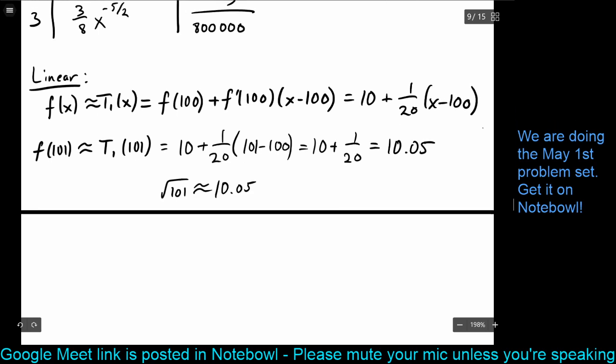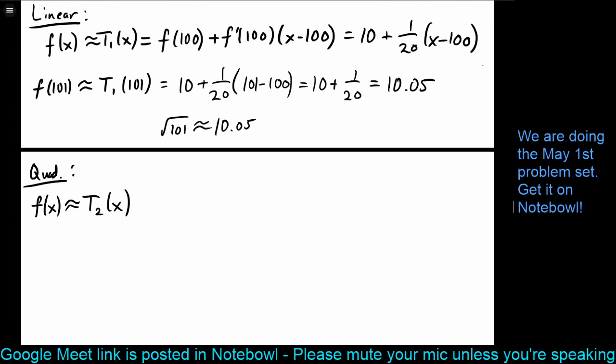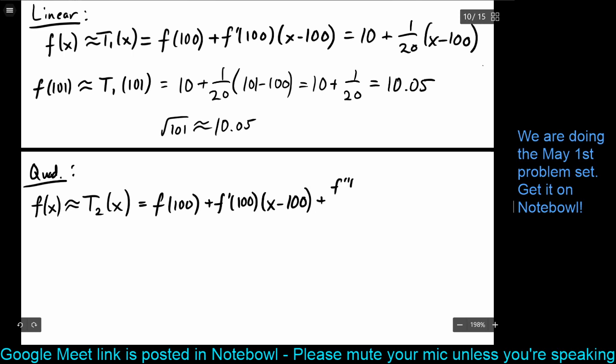All right, so now we do this going on to higher degree polynomials. So the quadratic approximation, so f of x is about T2 of x. All right, it's approximately the second degree Taylor polynomial. Right, that's f of 100 plus f prime of 100 times x minus 100 plus f double prime of 100 over 2 factorial times x minus 100 squared.